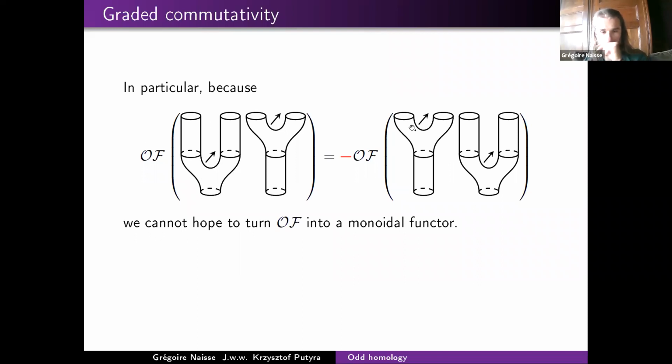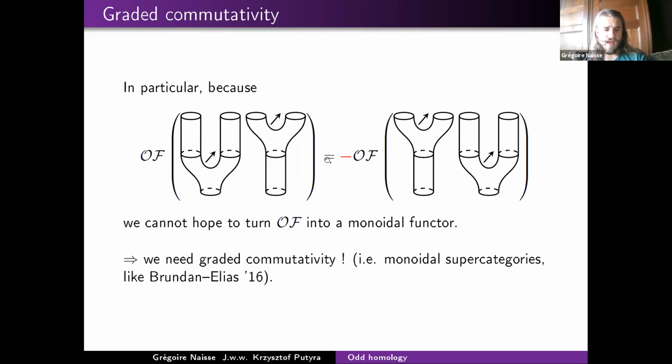So what you would need is a notion of monoidal category for things that are graded commutative. And one solution to do that is to use enriched monoidal category, in the same spirit as monoidal supercategory as introduced by Brandon and Elias.